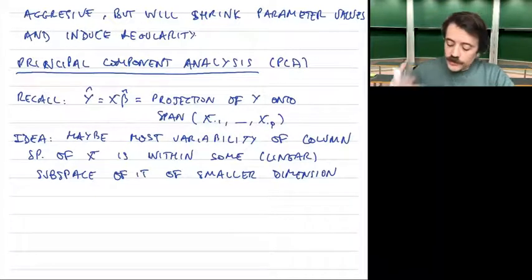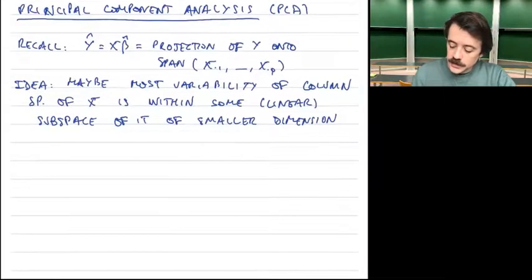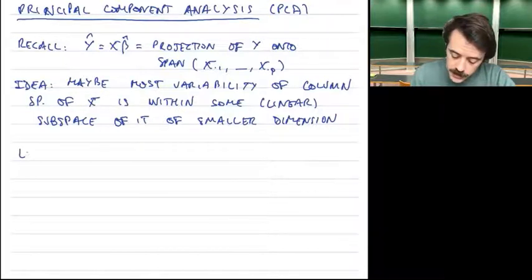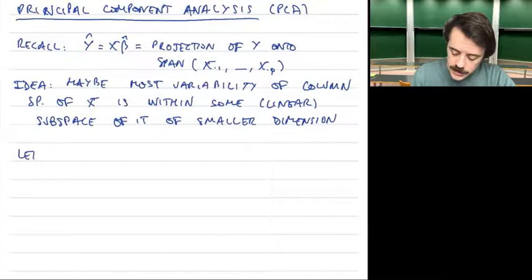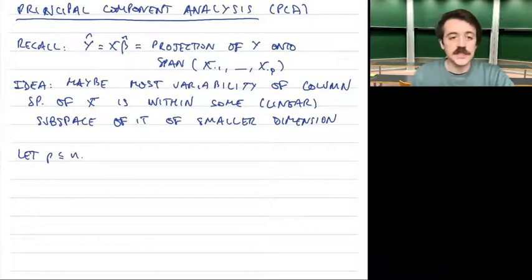So how do we find this subspace of highest variability? Well, let's focus on, so let p be less than or equal to n for this section.